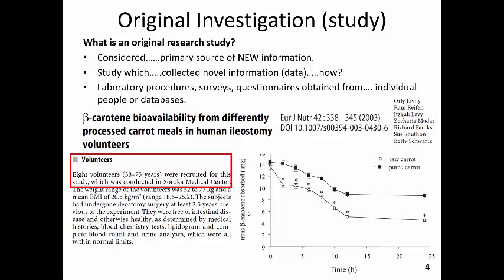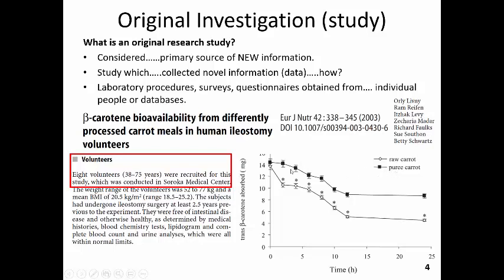It's a particular type of nutrient in carrots, and the degree to which that was absorbed from the digestive system and into the cardiovascular system among these 8 volunteers as a function of carrot preparation method. The circle symbols indicate the degree of absorption for carrots that were not processed whatsoever, consumed raw, and the squares indicate carrots that were cooked and pureed.